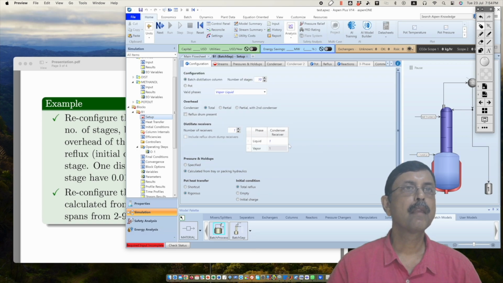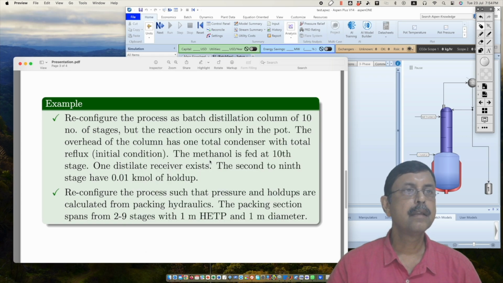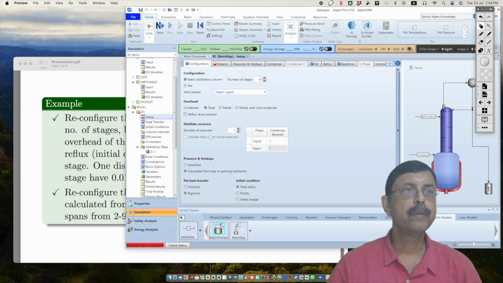Okay, and then methanol is fed at the 10th stage. One distillate receiver exists, so we have only one distillate receiver.